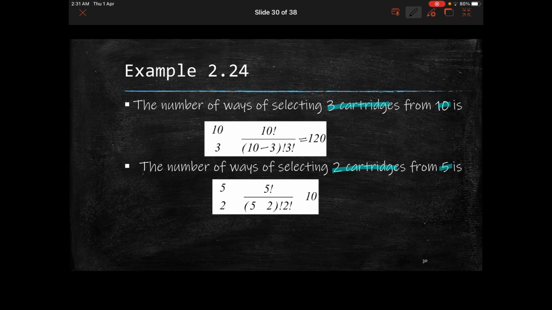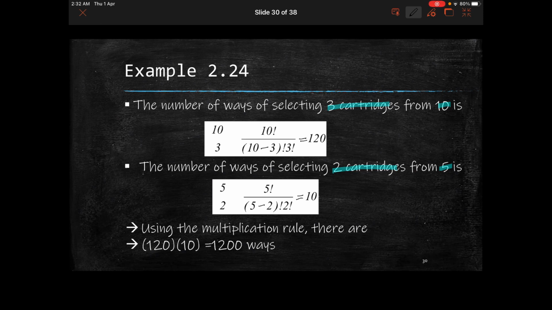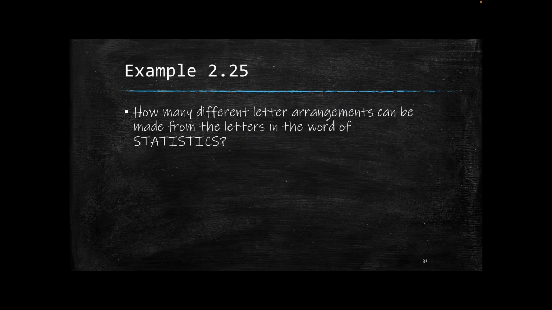So sama juga kita apply the same formula, 5 factorial over 5 minus 2 factorial times 2 factorial. Then we get 10 ways. Therefore, the total is to multiply 120 with 10. So in the end, you'll get 1,200 ways.